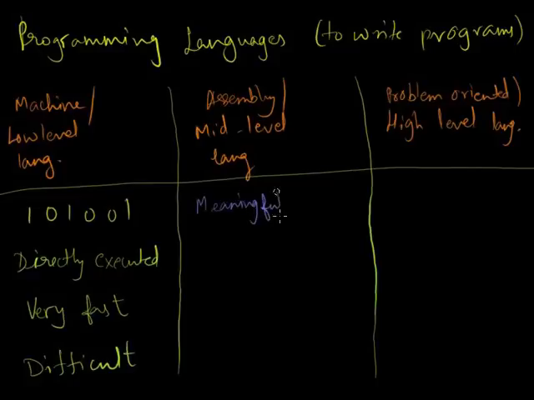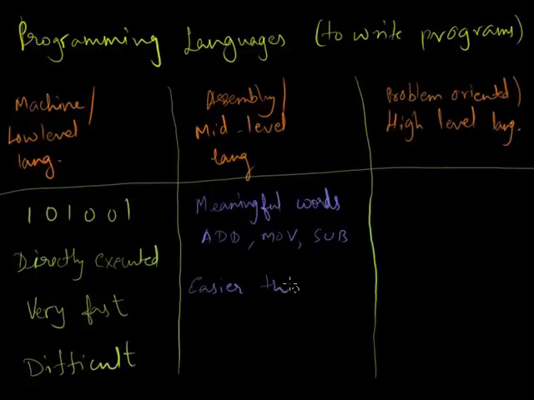Meaningful words like add, if you want to add two numbers, move, moving from one memory to another memory space, and sub. There are a lot of instructions like these. We don't have to give them in binary. We give them in English, which have some meaning. It is easier than the machine level language.